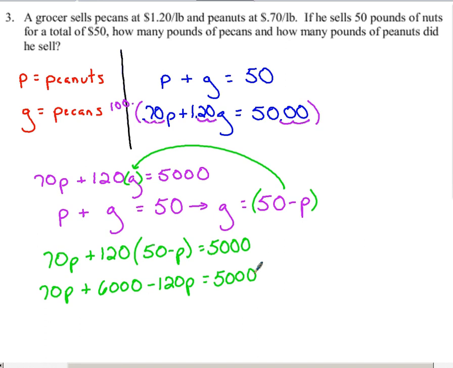If you combine your like terms, put the p's together, we get negative 50p. I'm going to subtract that 6,000 over, and we've got negative 1,000. P then is going to equal, when we divide both sides by negative 50, how much?